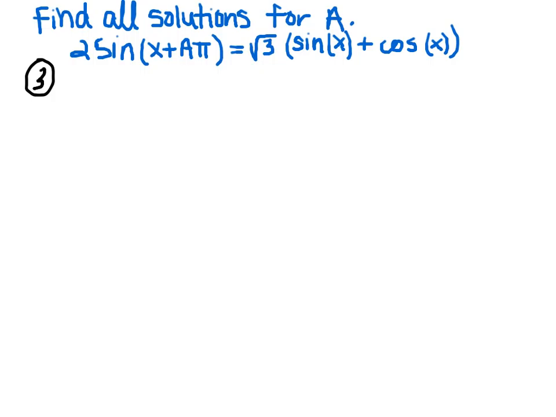We're going to take out the 2 and then use the addition formula to separate that sine of (x plus a pi). So we have sine of x times cosine of a pi plus cosine of x times sine of a pi.